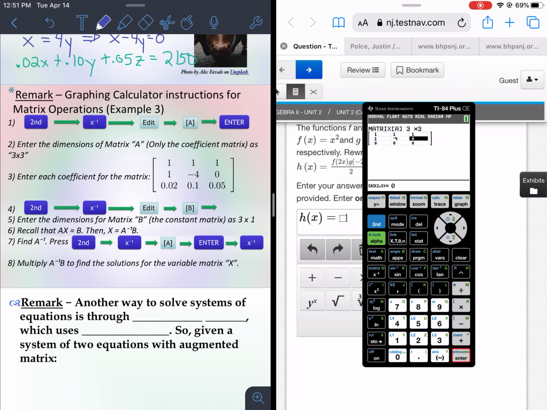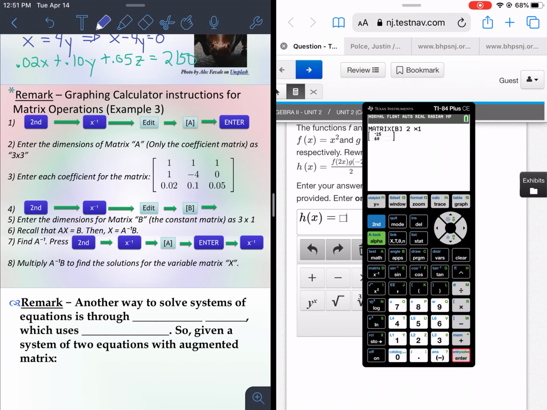And then the last one, 0.02 on the bonds, 0.10 on the stocks, and 0.05 on the ETFs. So there's our matrix of coefficients. I'm on number 3 now. Number 4, let's press second matrix, edit, and let's fill in matrix B and make that the constants.